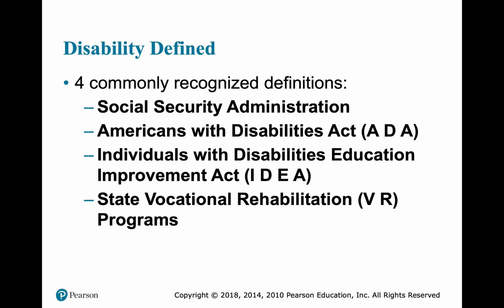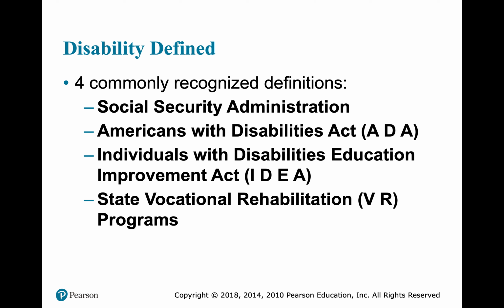For the Social Security Administration, disability is defined as any medically determined physical or mental impairment diagnosed by a medical provider to constitute a total disability. So this is a medical thing. There are two national benefits programs: Social Security Disability Insurance and Supplemental Security Income.